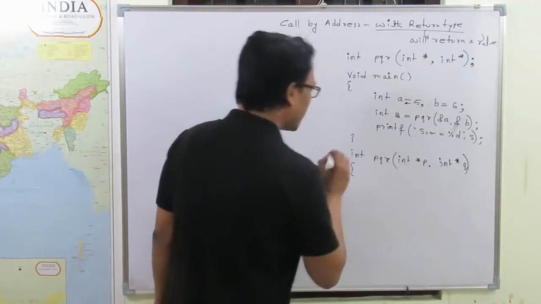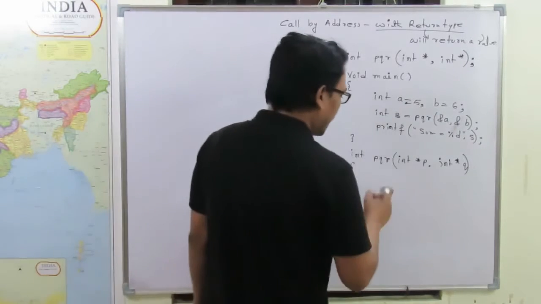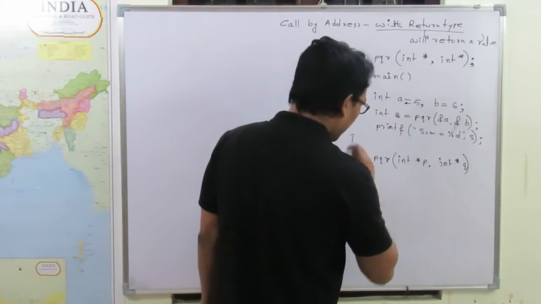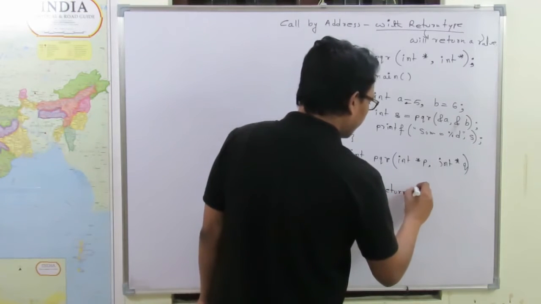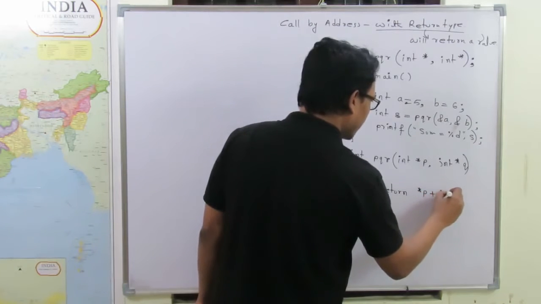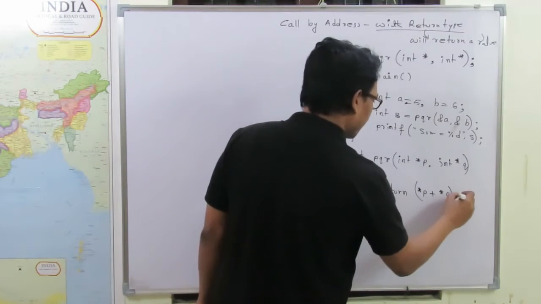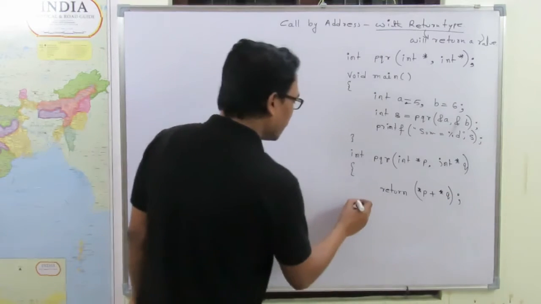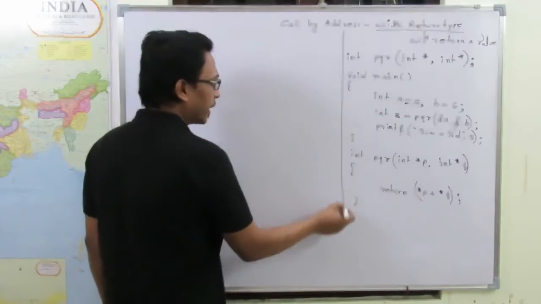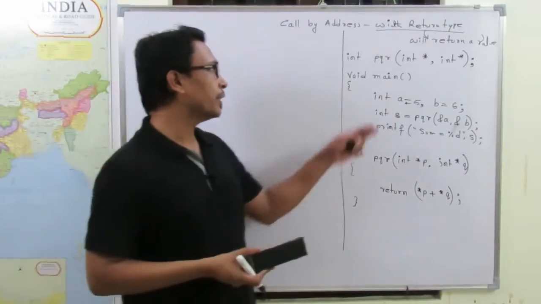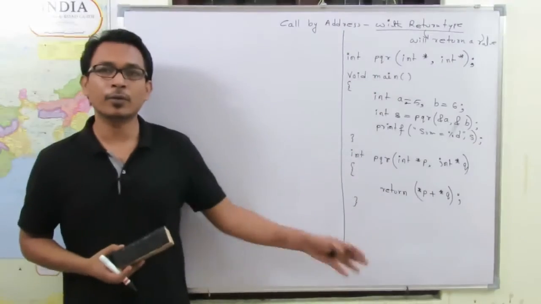Then the function body starts here, and inside the function body we return *p + *q; so this is our code segment. Now let's check how the system will work with this particular program.